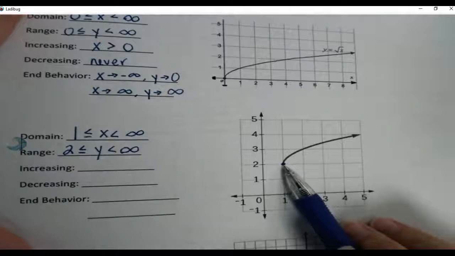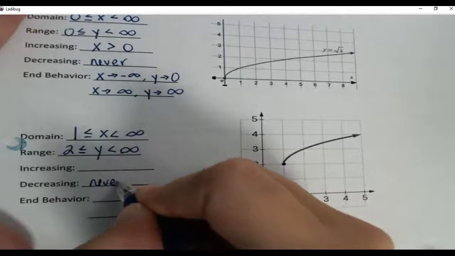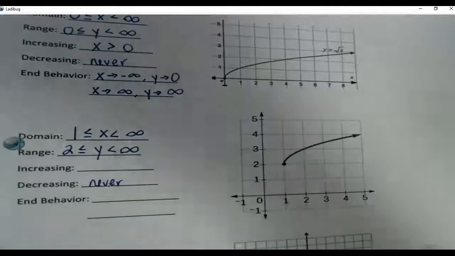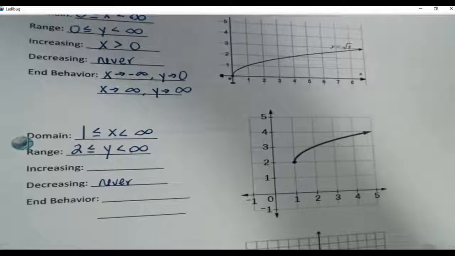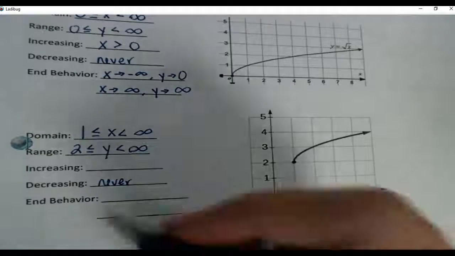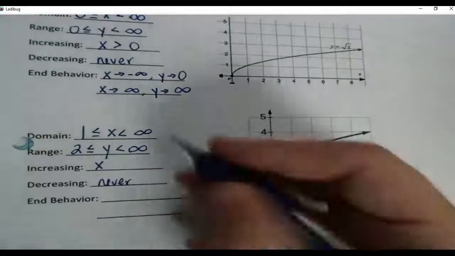Alright, so if we look at this and we read it left to right, is it increasing or decreasing? Increasing, so it's never decreasing. But it's increasing. Again, we start with x, and our starting x is 1.